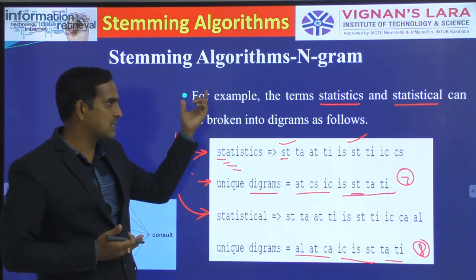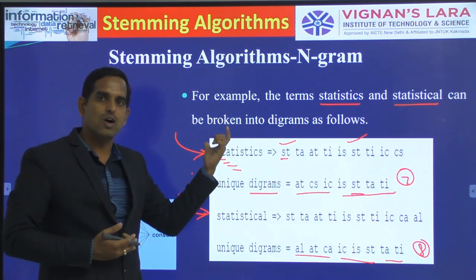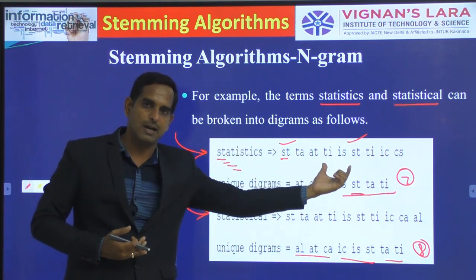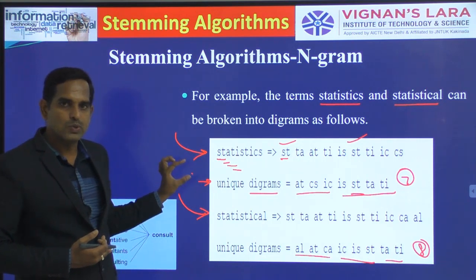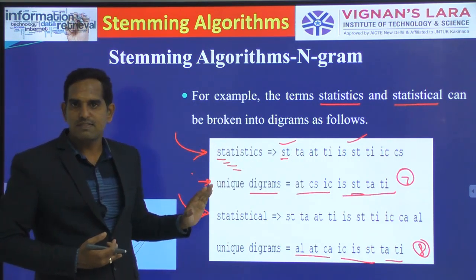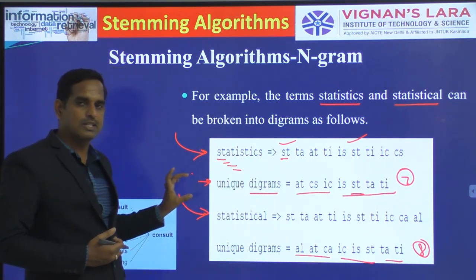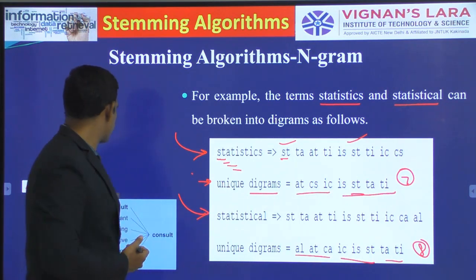We have to consider that first. After that decision, you create the diagrams for your text, and you calculate the unique diagrams for your text. This is the first step in all: you have to calculate the unique diagrams for the words present in your system.